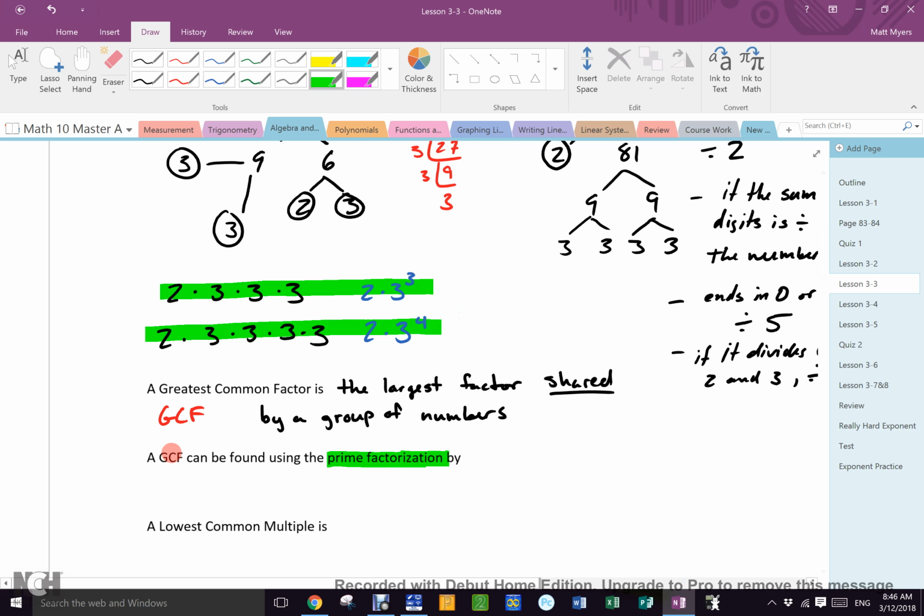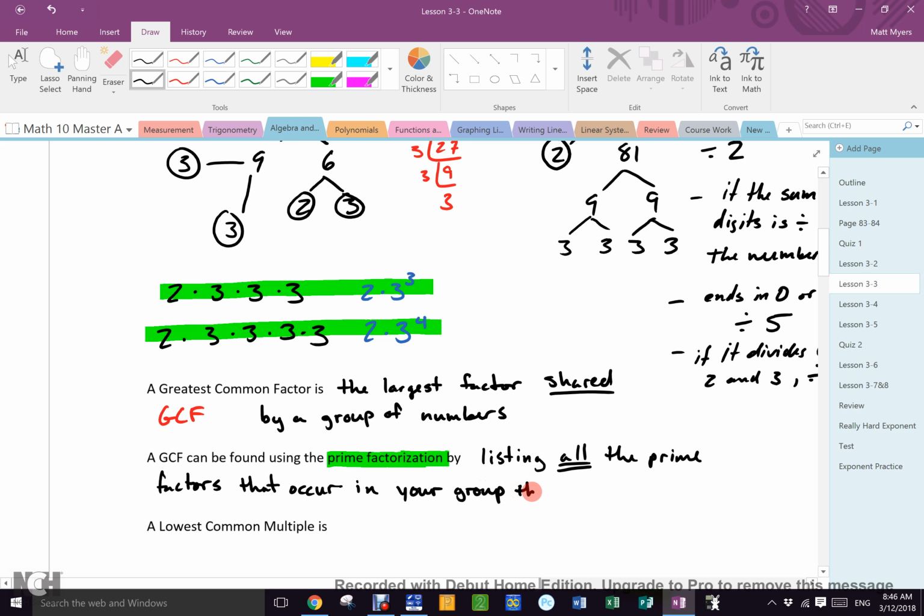So to find a GCF with prime factorization, GCF can be found using the prime factorization by listing all the prime factors that occur in your group that are shared.